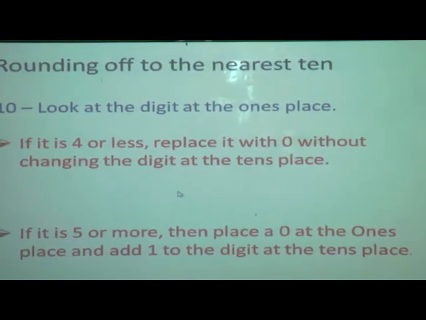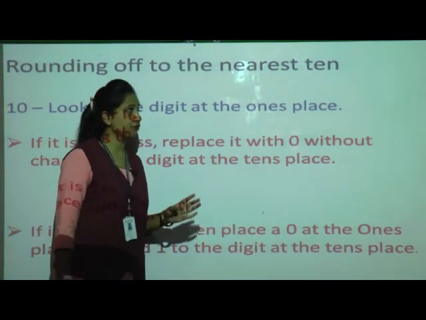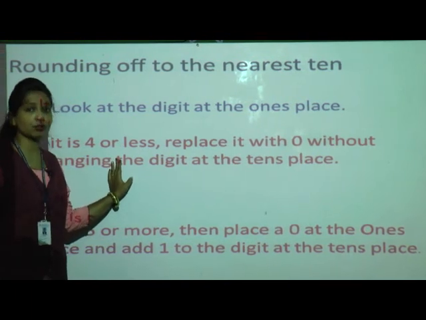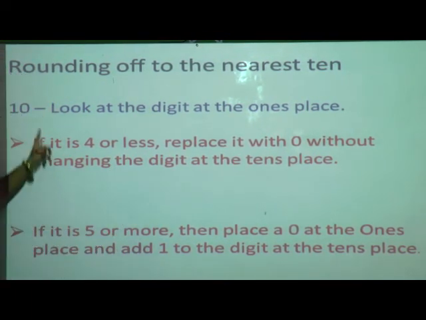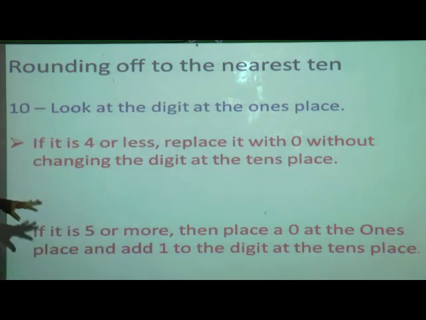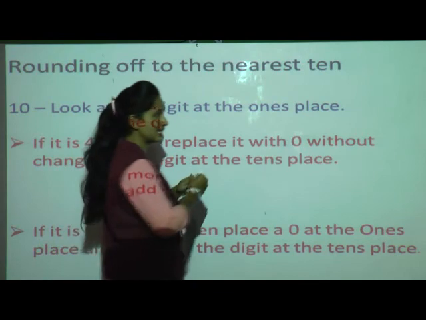Today I am going to give one trick for rounding numbers. Keep this trick in your mind so you can solve whatever questions they give very easily. Rounding off to the nearest 10. If the question is about rounding off to the nearest 10, what do you have to do? Whenever it is the nearest 10, look at the digit at the ones place.